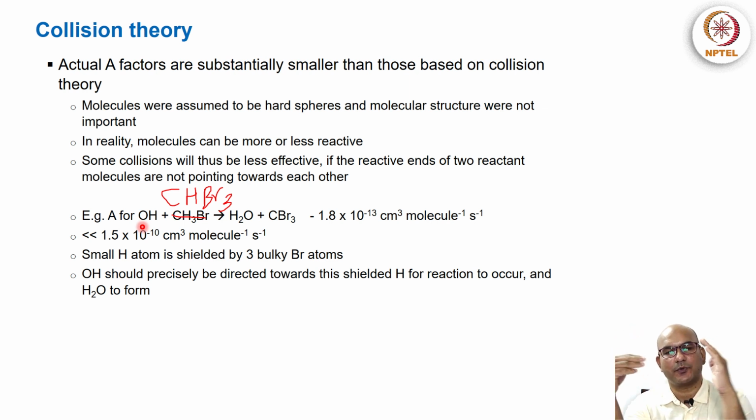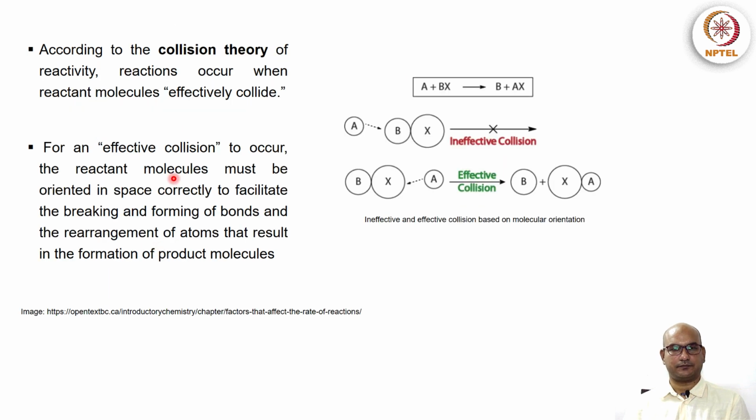The OH must approach the H part of CHBr3, and this H part is shielded by 3 bulky bromine atoms. So OH should be precisely directed towards the shielded H for the reaction to occur, and we can see easily that the reaction rate constant is 1000 times smaller than what it was possible, because we have a much lower possibility of the reaction happening.